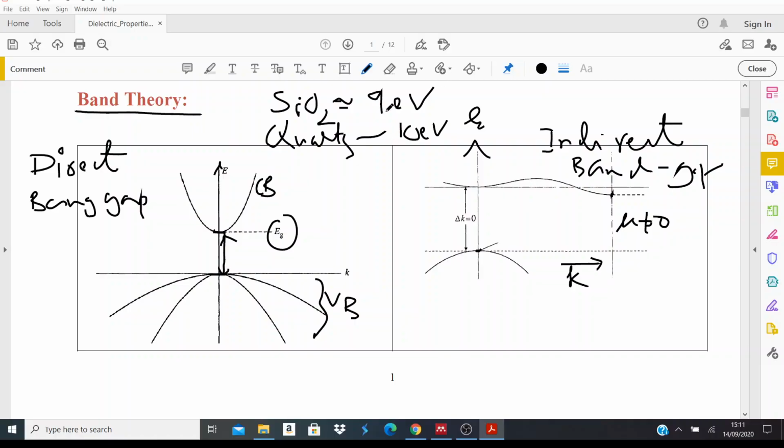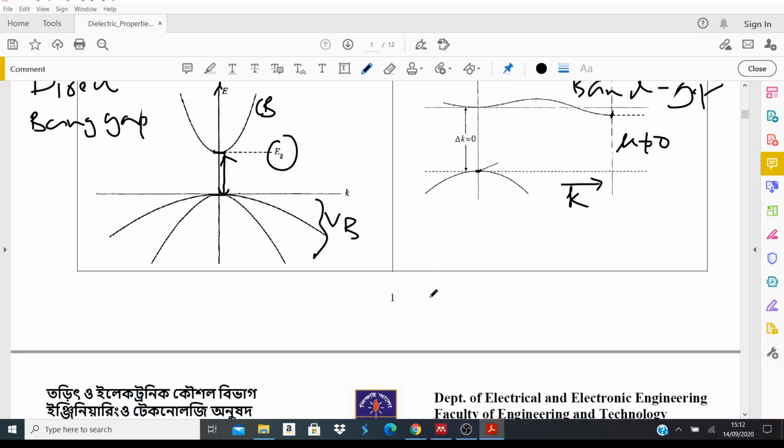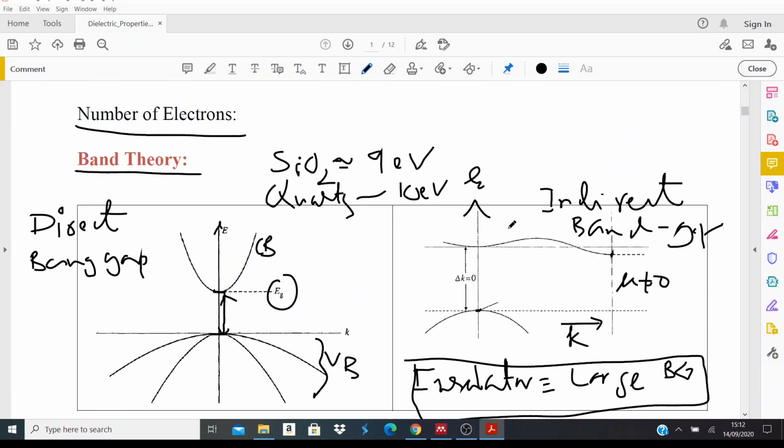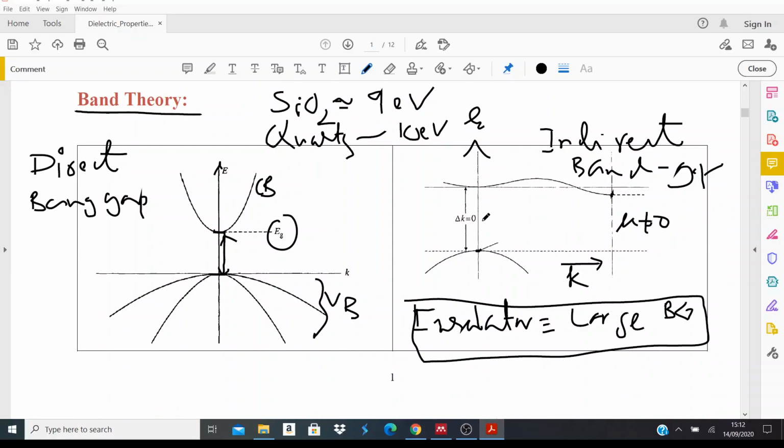So that's the defining property of many insulators, that they have a wide, large band gap. So we can say that insulators are characterized by this large band gap in their E-k diagram, right? So we have given some examples.